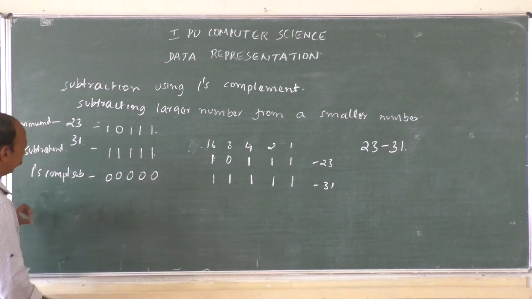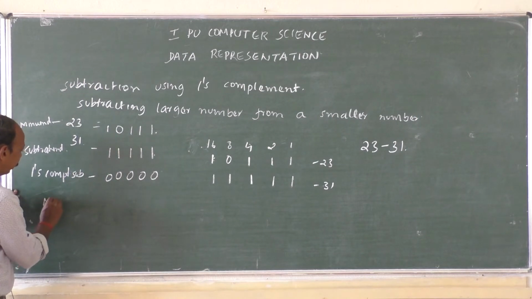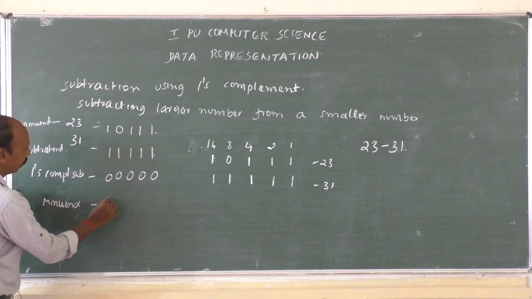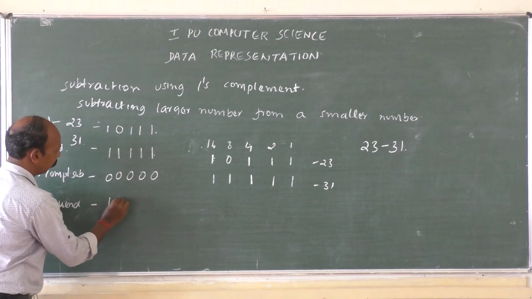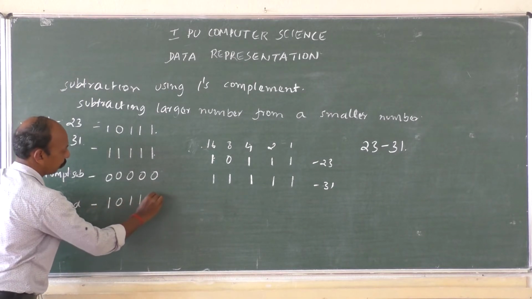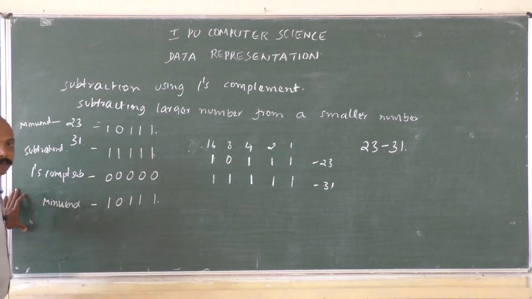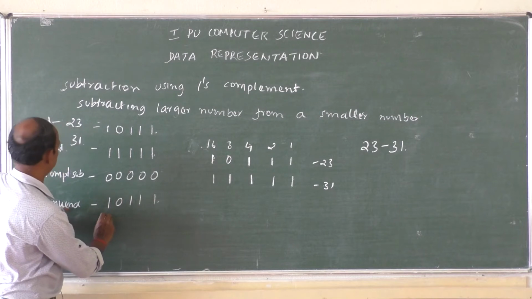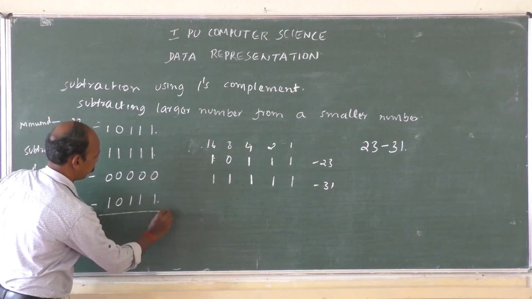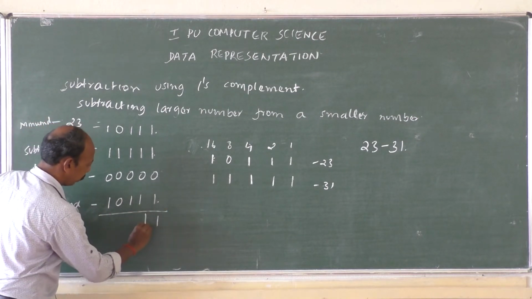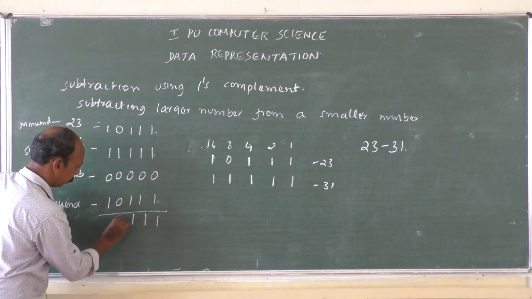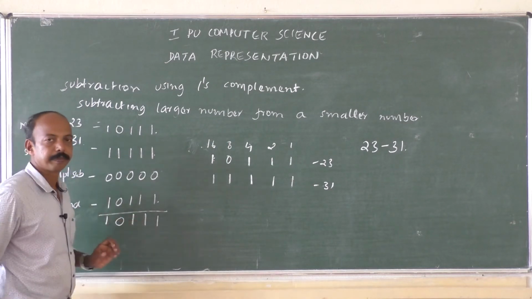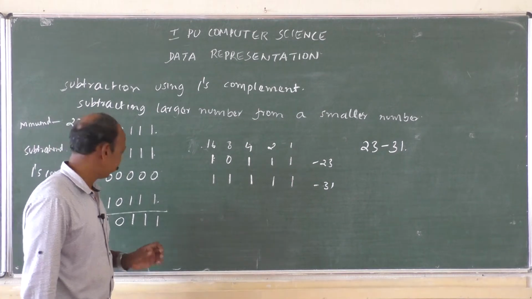Add it to the minuend. Already we have written. Write the same. That is 1, 0, 1, 1, 1. Add it up. 1, 0, 1, 1, 1. Again, what do we have to check for?